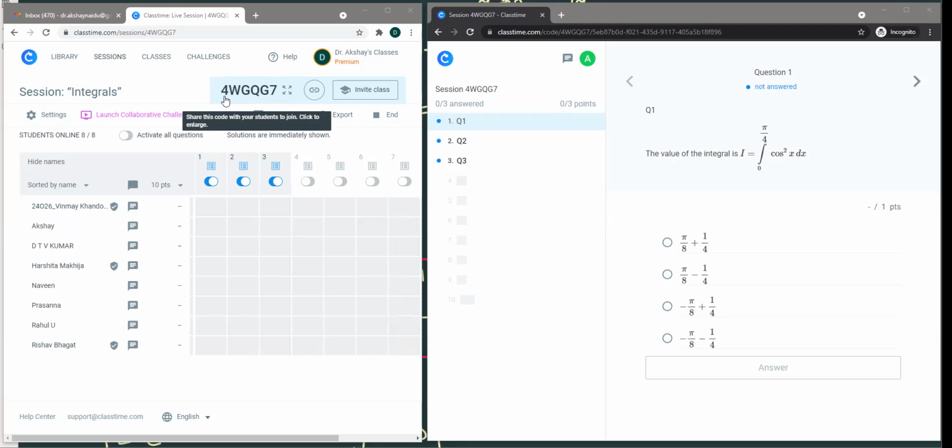So put this code 4WGQG7 and then enter. You will get this. So please join with your correct name and then start marking the answers.